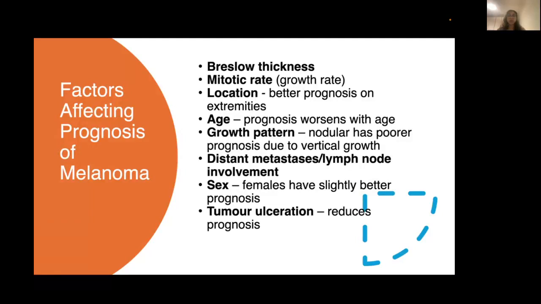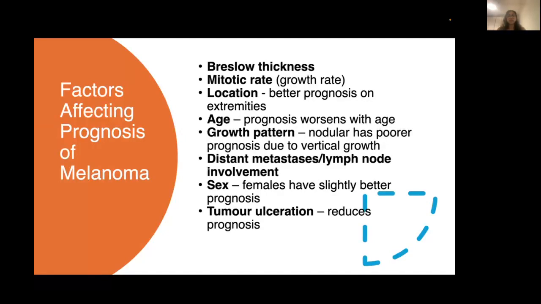Age, so prognosis will worsen with age. Growth pattern, so nodular melanoma is more concerning than superficial spreading, for example, because of its vertical growth. As well as growing upwards, it can grow downwards a lot quicker and therefore spread to other organs more quickly.